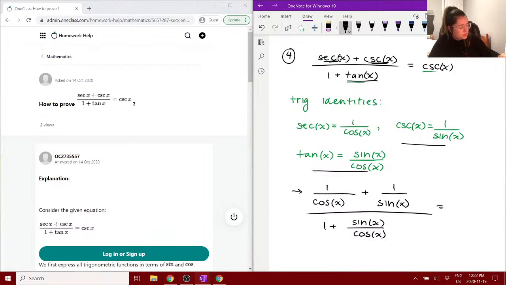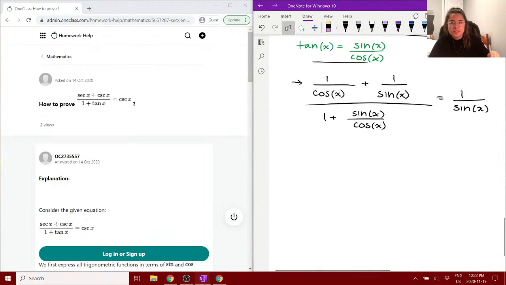And that is all equal to cosecant x, which once again is 1 over sine of x.